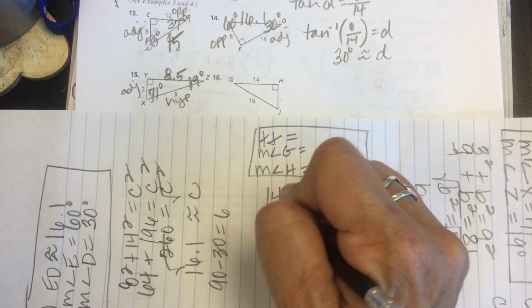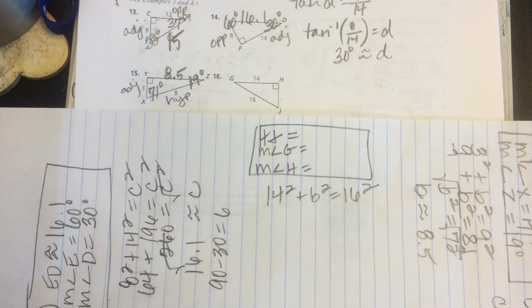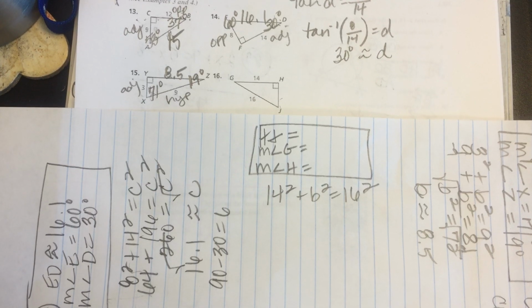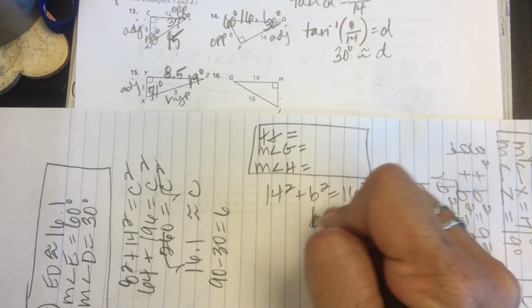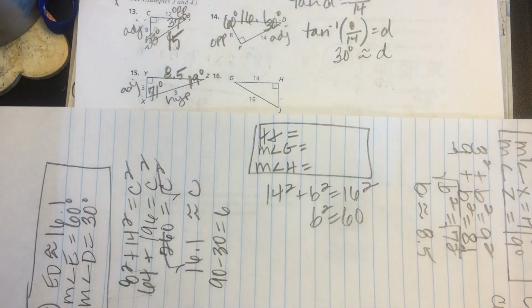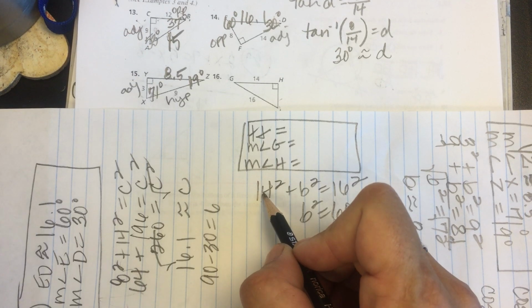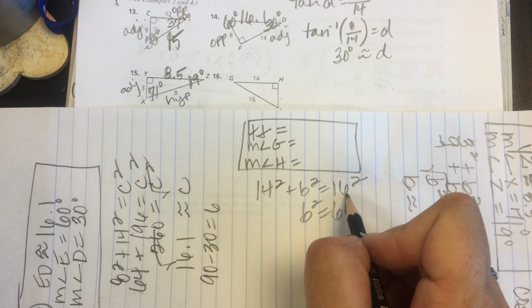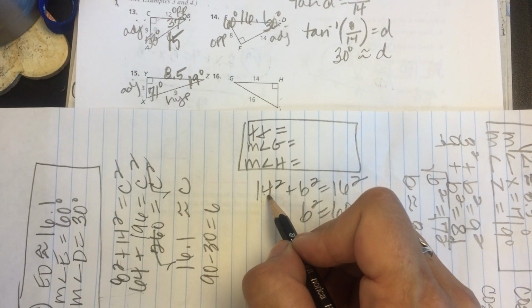Missing leg, 14 squared plus b squared equals 16 squared. If I find out what 16 squared is and subtract 14 squared, this should get me to b squared is 60. If you've got more on your page, fantastic. I think 14 squared is what? 196.